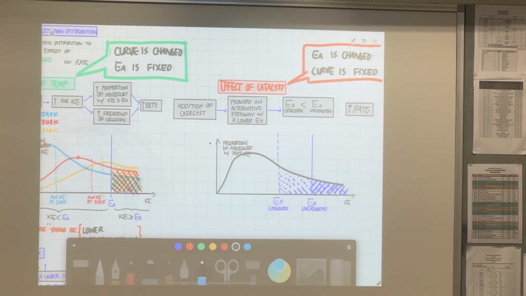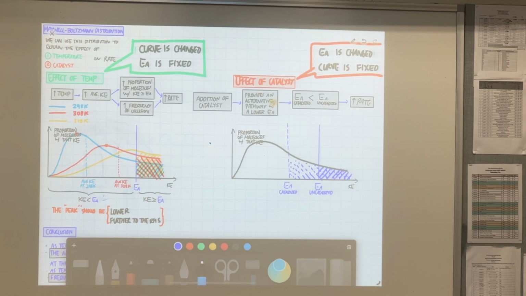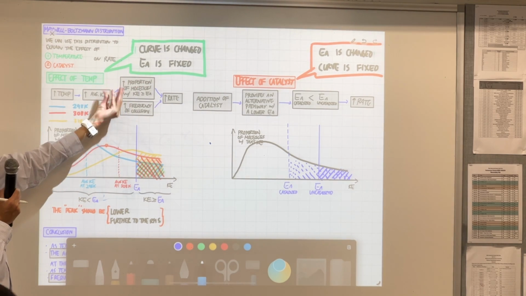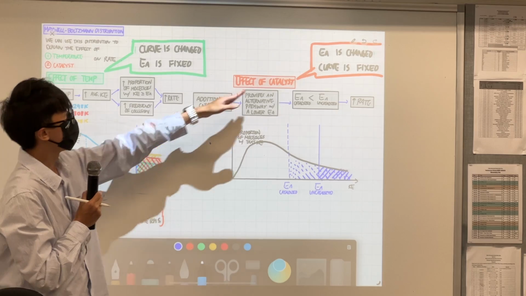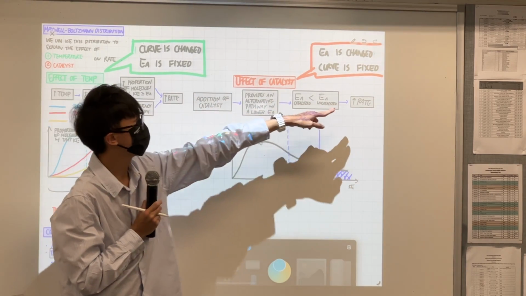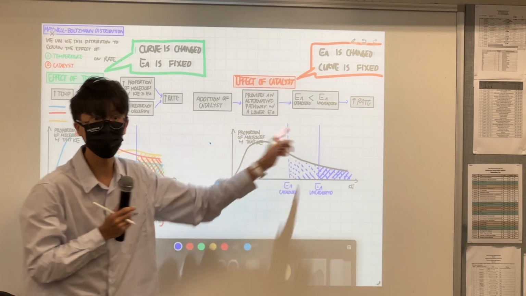I want you to review this using this flow chart later when you do revision. It's through this flow chart that you can explain the connection between temperature and rate, and the addition of catalyst and rate. In the exam they will ask you how temperature affects rate. Of course these are not shown to you; you have to remember this and write it as the answer. They may also ask how addition of catalyst affects rate. First you say it will increase rate, and what happens in between is these things happening.